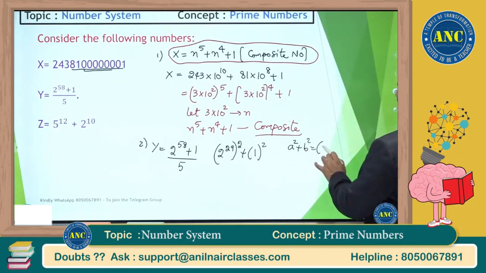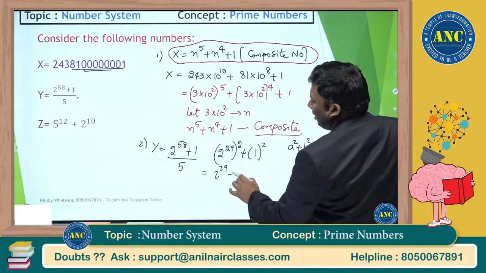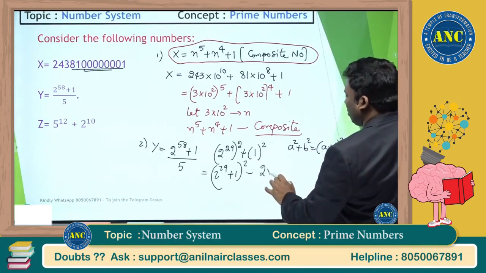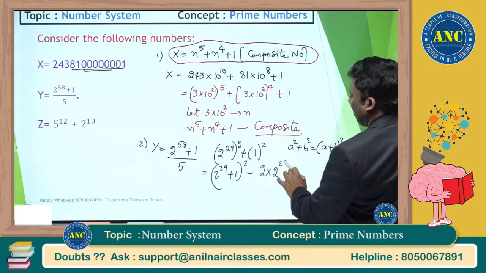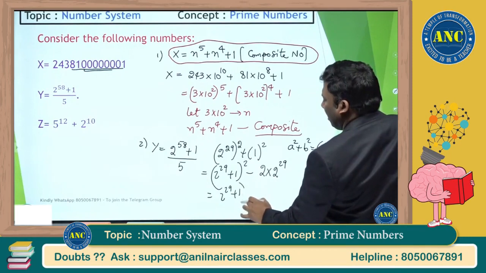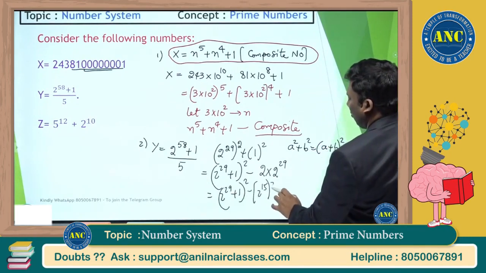A square plus B square is given by A plus B whole square minus 2AB. So this can be written as 2 power 29 plus 1 whole square minus 2 into 2 power 29, which is 2 power 29 plus 1 whole square minus 2 power 15 whole square.